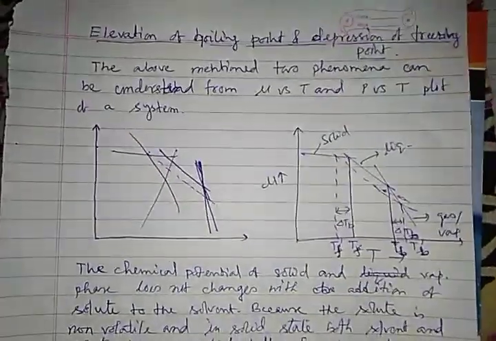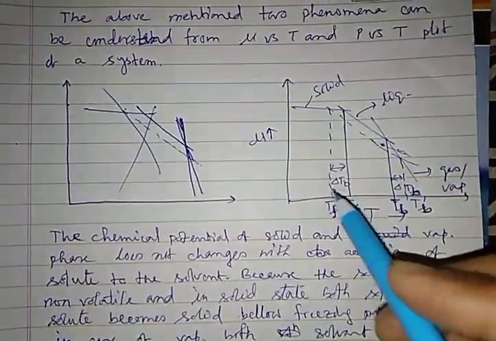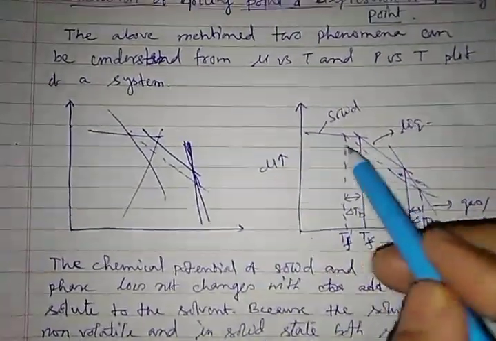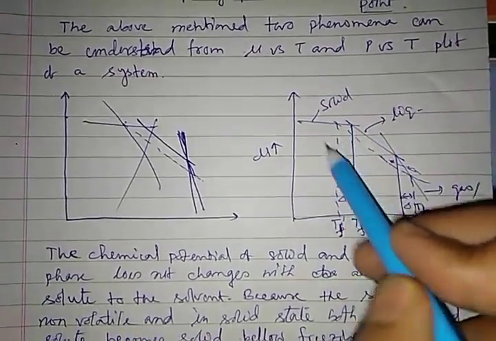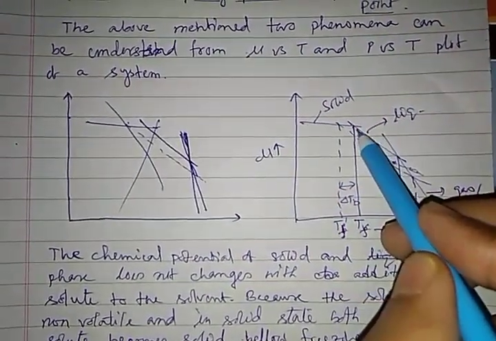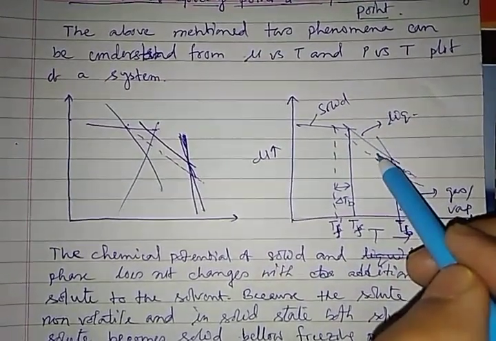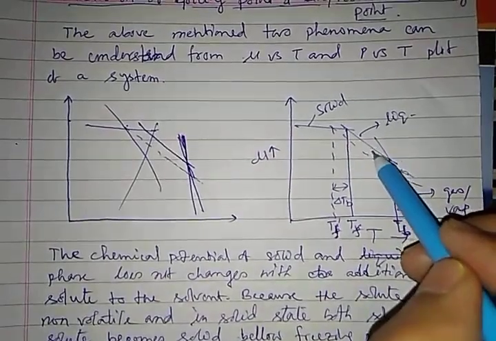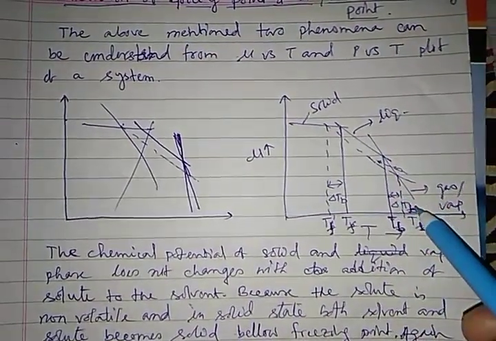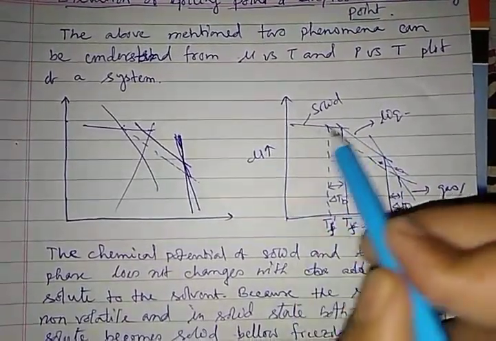If we look at the first, the mu versus T plot, then we have a plot for each state. In the solid state we have a straight line which has a small slope. Then I have a straight line with a higher slope. Then I have a straight line for the vapor phase, that is for the pure solvent.